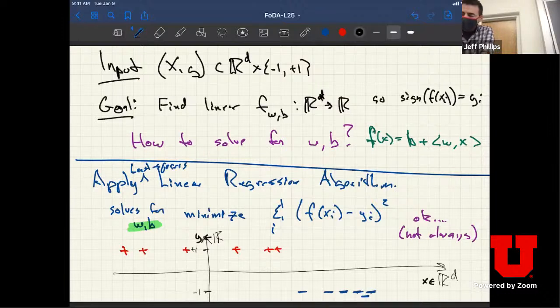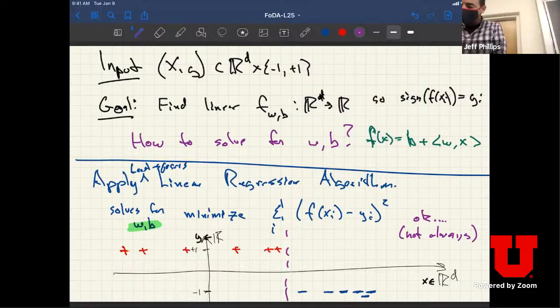If we were to do this perfectly, this lives in R^d, so this one line is trying to capture all of R^d, and there's some half space that goes through here that can divide these perfectly.